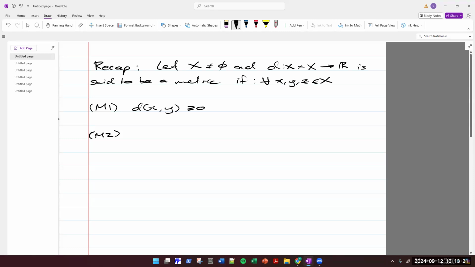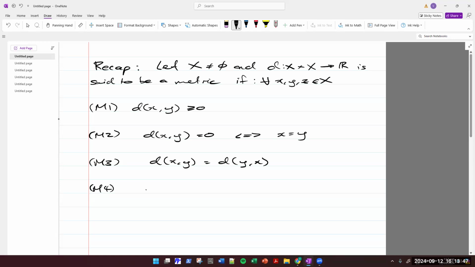The second one is that the distance between 2 points is 0 if and only if these 2 points are the same. The third one is that the distance from X to Y should be the same as the distance from Y to X. And the last property is the triangle inequality.